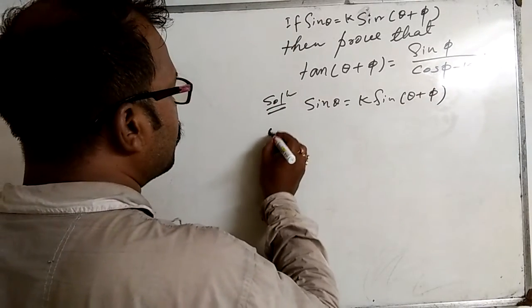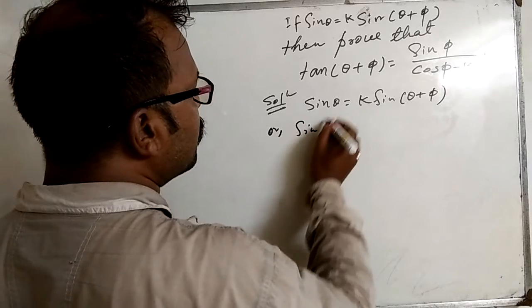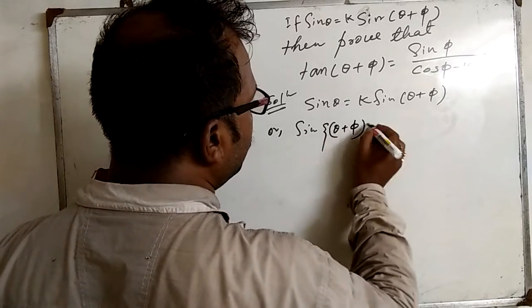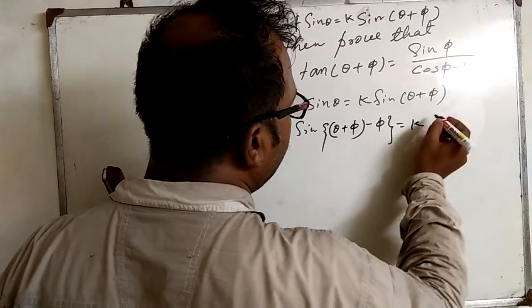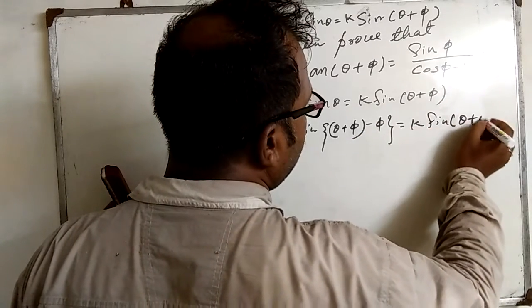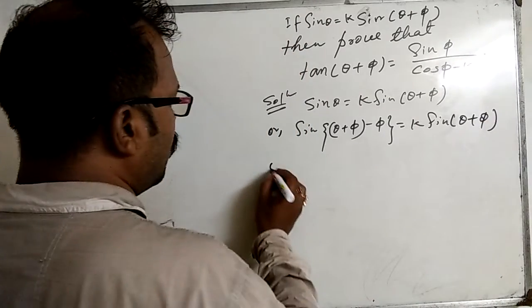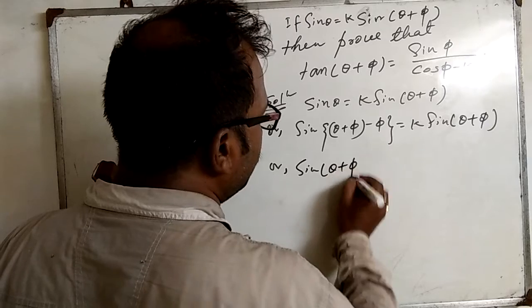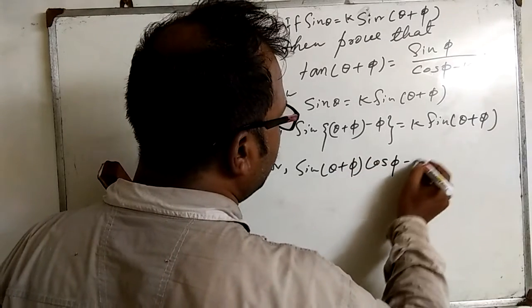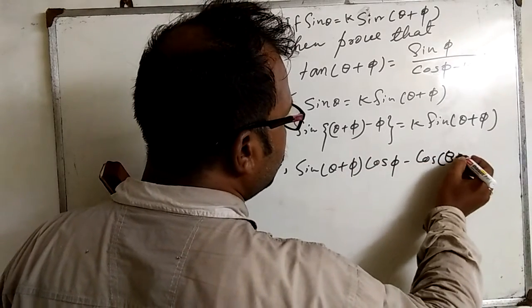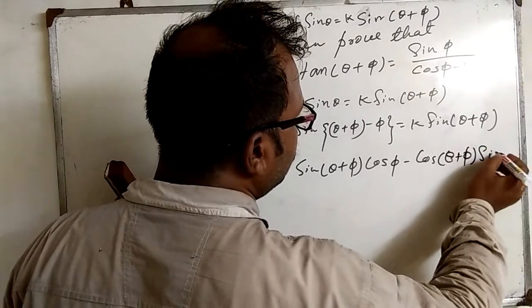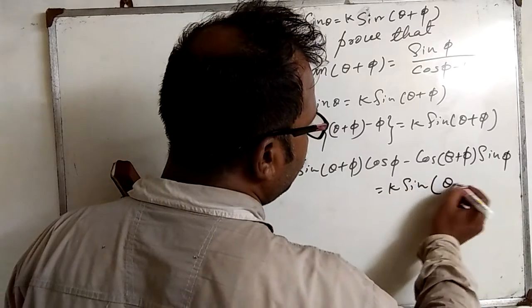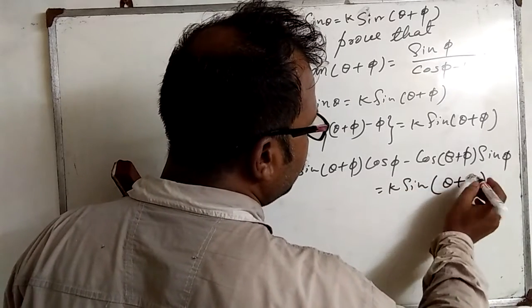We rewrite that: sin theta can be written as theta plus phi minus phi, k into sin of theta plus phi, or sin of theta plus phi into cos phi minus cos of theta plus phi into sin phi equals to k into sin of theta plus phi.